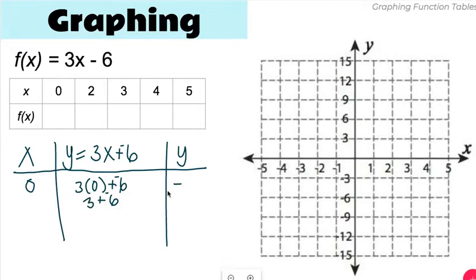I'm going to pretend that I made some sort of multiplication mistake and I get negative 3 as my answer. So remember, this is going to be an error. We're going to see what happens on the graph because I want you to visualize what an error looks like and how to handle it. So let's look at our next number. So technically this is negative 6, but we're going to call it negative 3 for now.